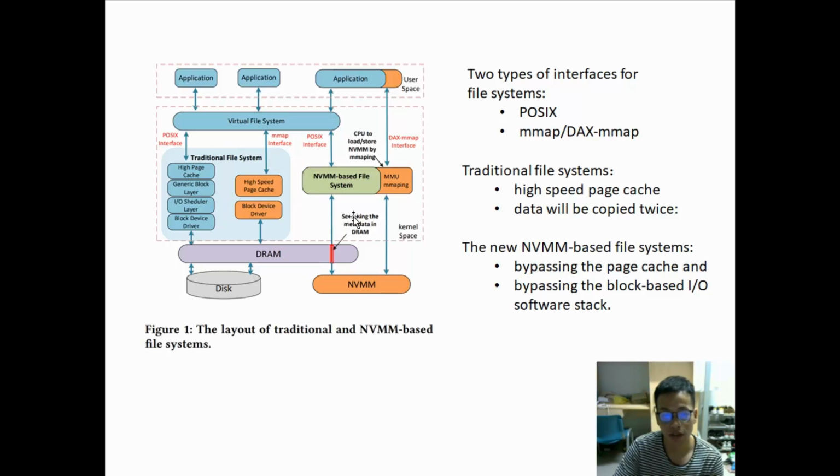What's more, with the mmap interface of the NVM file system, the CPU can access NVM directly according to the mapping, which exposes the NVM directly to the CPU, known as the DAX-mmap. Most NVM file systems in recent years support the DAX-mmap interface, and it is likely to be the dominant interface.